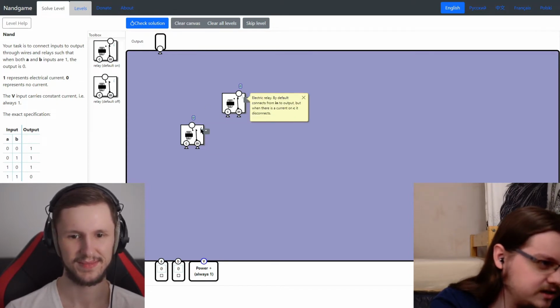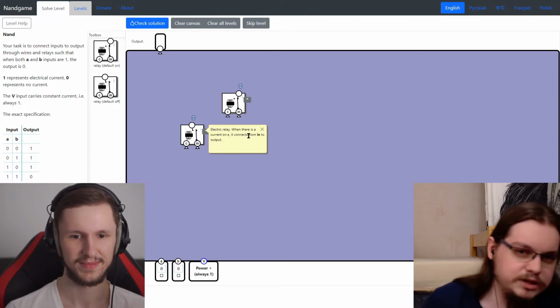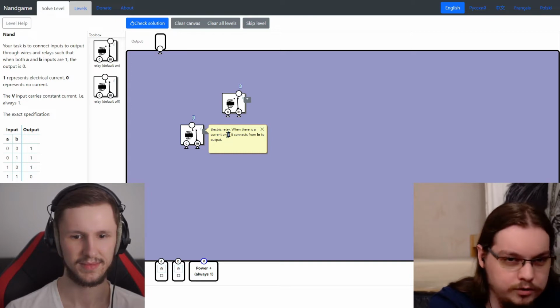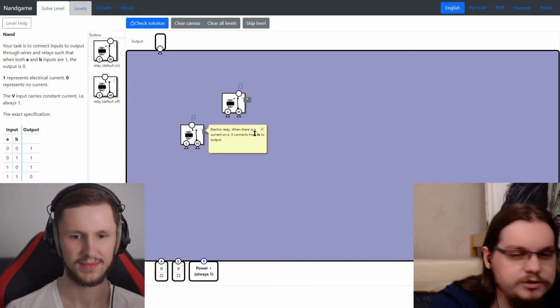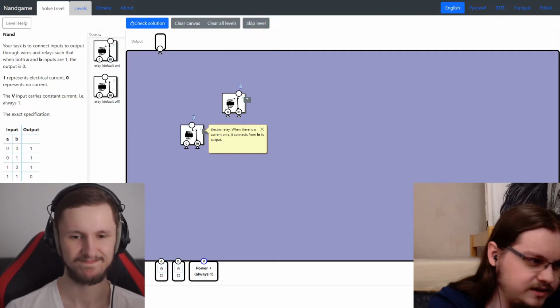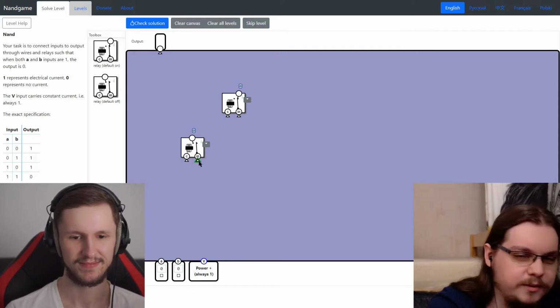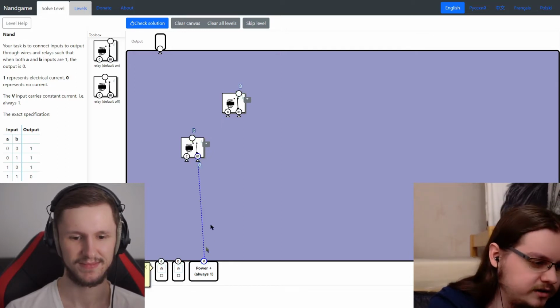The way these relays work is, this is actually the reversed one. This is the regular relay. When there's a current on its control, it connects from in, which is input, to output. So, basically, it just passes through the signal that you get here. So we have our two inputs, and this is, by the way, just a 1. So if we want something to always be 1, we put it here.